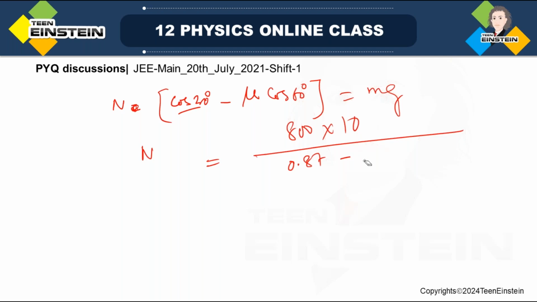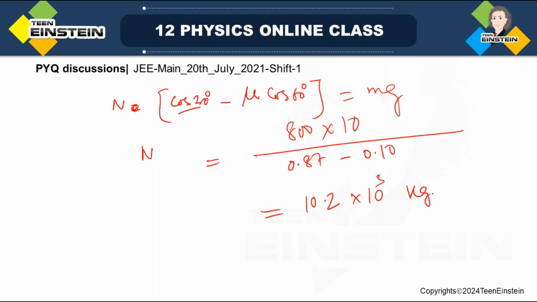So if you do this calculation, you'll be able to find out 10.2. So this is Newton.